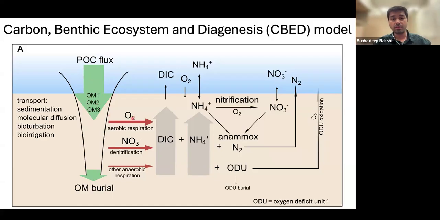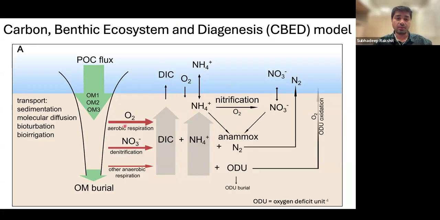Then we resolve three respirations: aerobic respiration, which is through oxygen, then denitrification, and all other anaerobic respiration into one, basically following the Soetaert 1996 approach. Then we produce DIC and ammonia, which diffuse up towards the sediment water interface and escape, and oxygen is consumed. For the nitrogen cycle, we have nitrification and anammox processes.